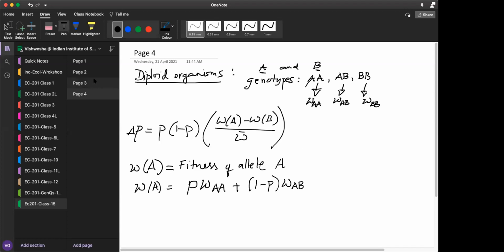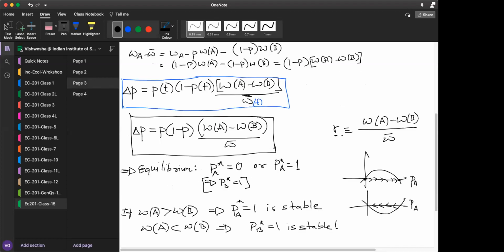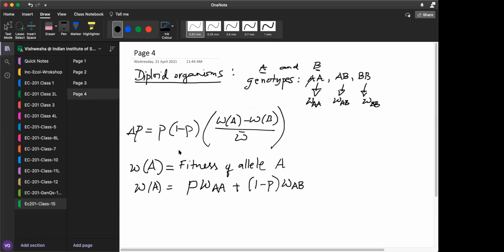Okay, so in the previous case, we thought of the omega A's as constants, and we also briefly considered the possibility that they might change over time. And we knew that omega bar depends on P itself, right? But what this shows is that the moment you go to diploid organisms, omega A itself can depend on the proportion of alleles.